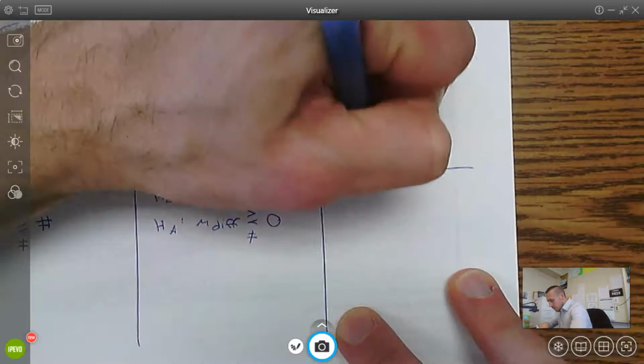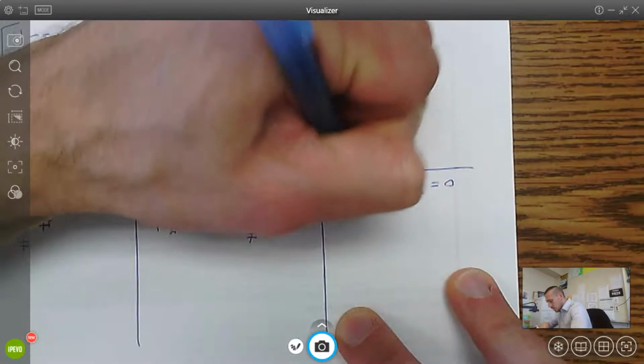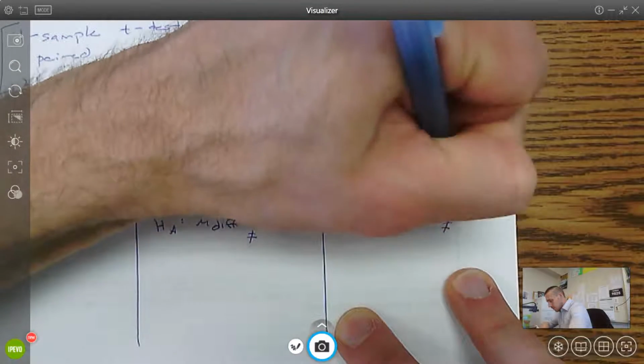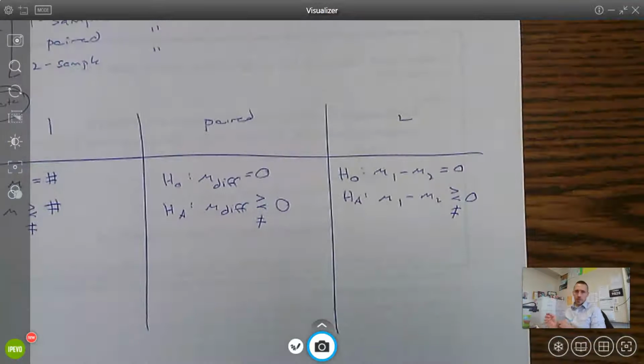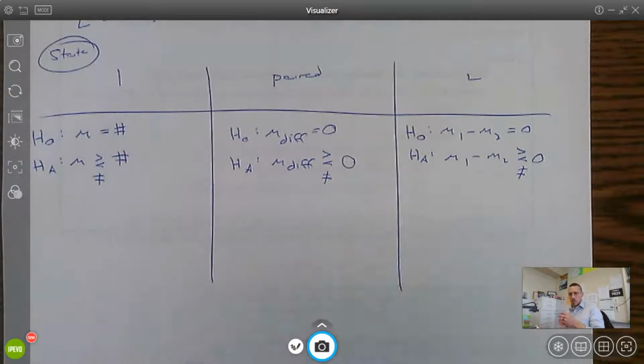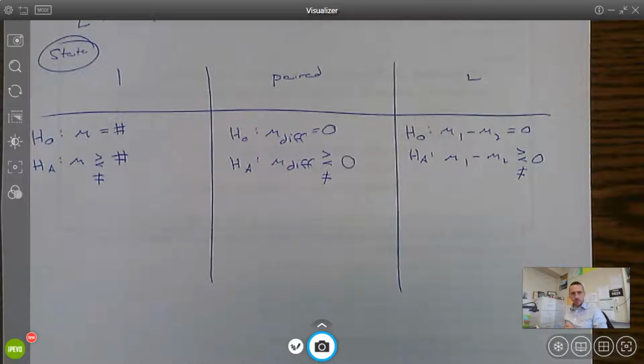And for a two sample, it's the difference in the true means. So mu1 minus mu2 equals 0, and the alternative greater than, less than, or not equal to 0. So they all involve mu. It's a quantitative variable, so we're looking for the true mean, and you can see the differences here.